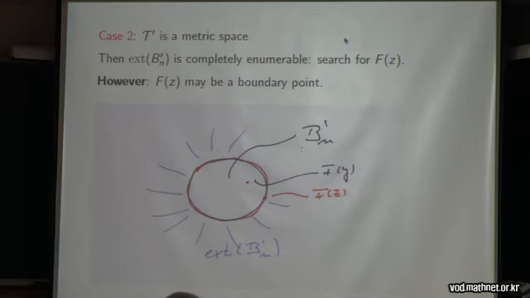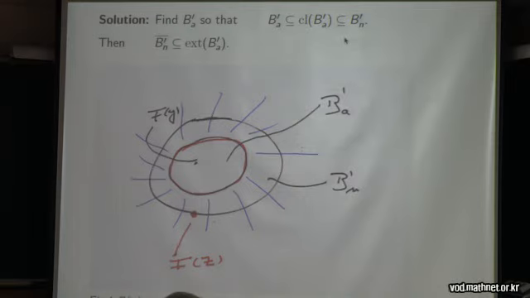So what to do? We look for a smaller ball such that the closure of this ball is still included in Bn'. So this is Bn' with f of z on the boundary.